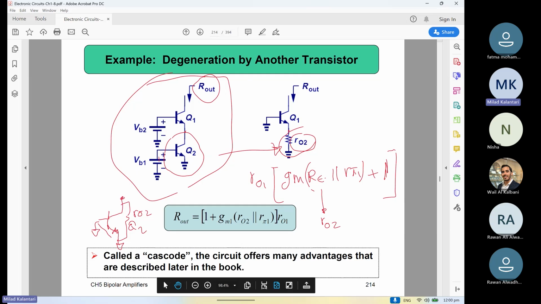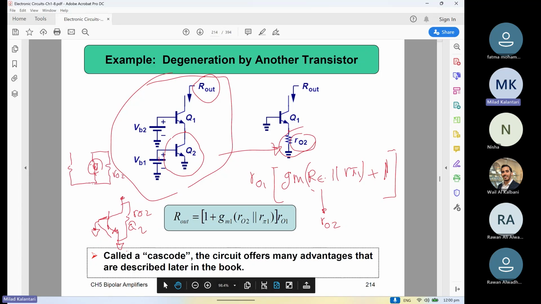I'm not going to plot every time the small signal model expands. You can imagine there is R pi, but the R pi is shorted to both sides, so there is no V pi. V pi is 0. So you can do it, but it doesn't need to.